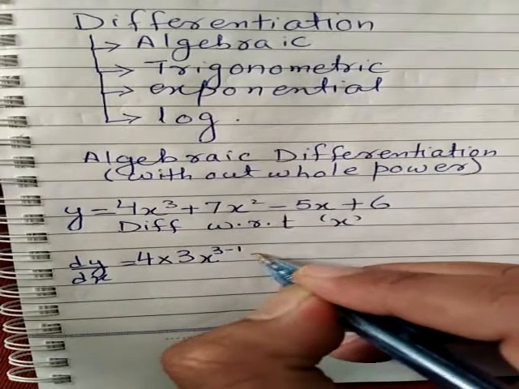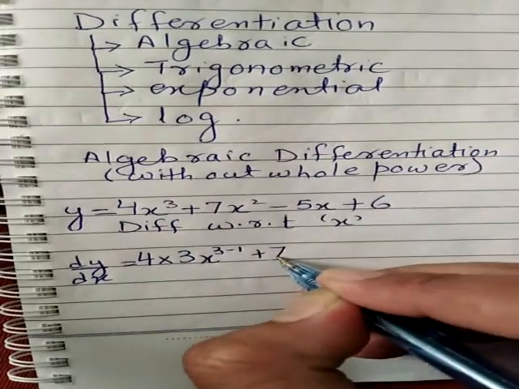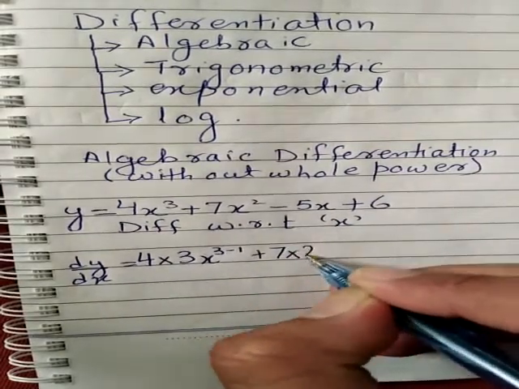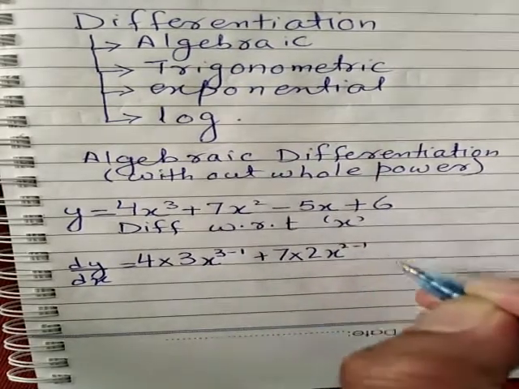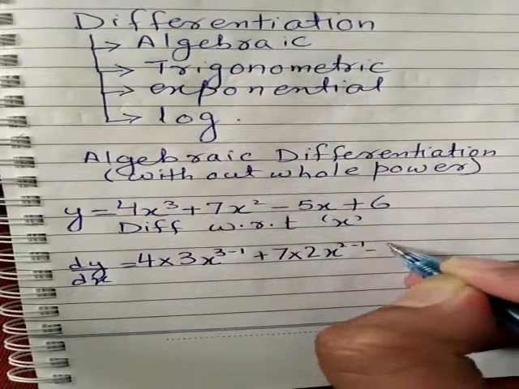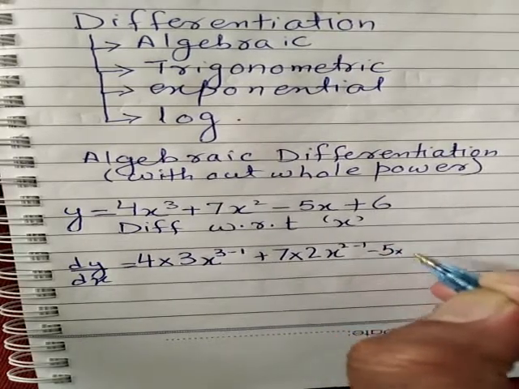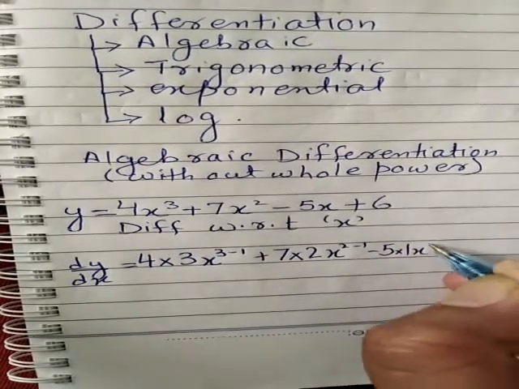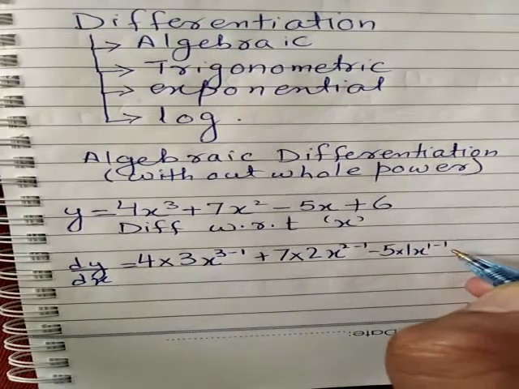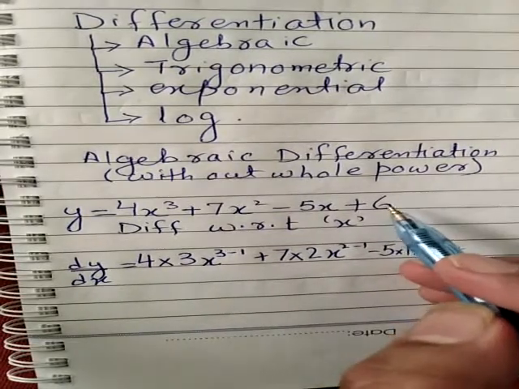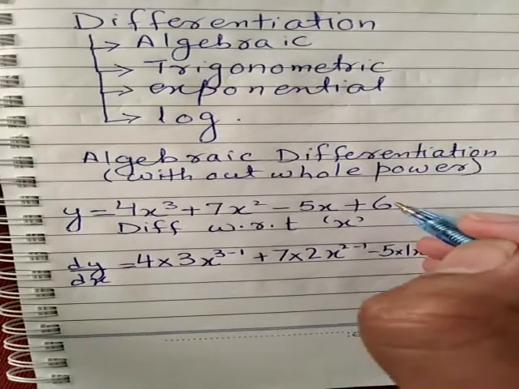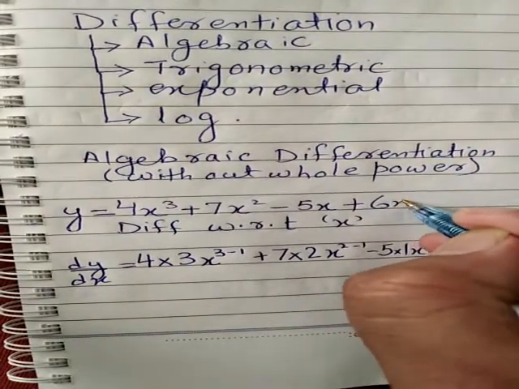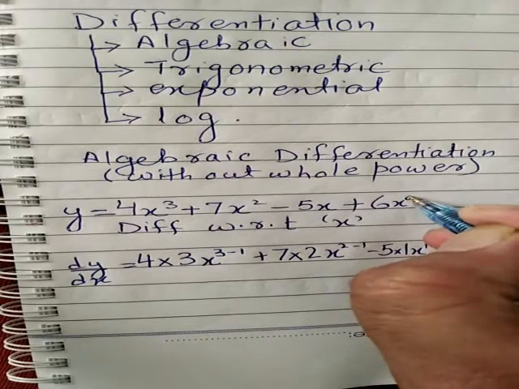In the same way, 7 into 2 x to the power 2 minus 1, minus 5 multiplied by 1 x to the power 1 minus 1, plus over here 6 hasn't got any x variable, so can I say that in this one x has a power of 0?